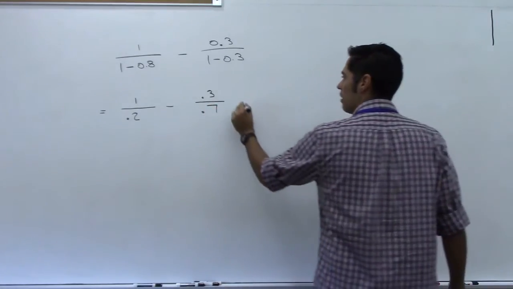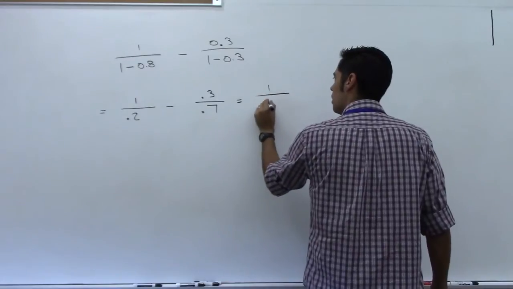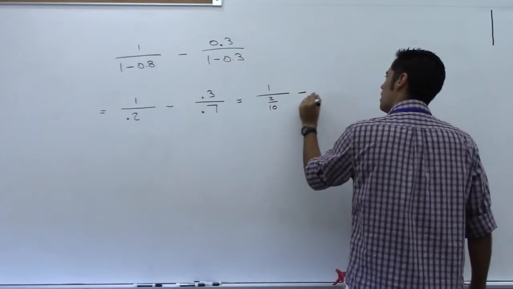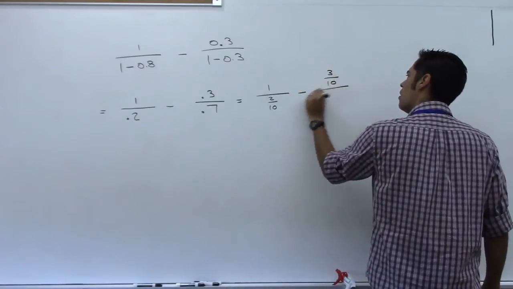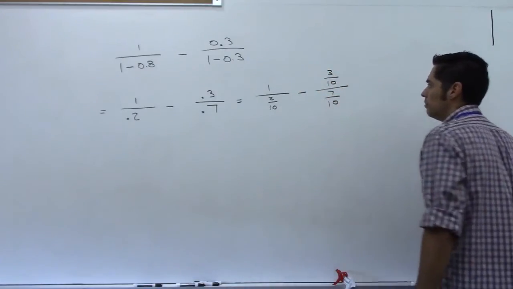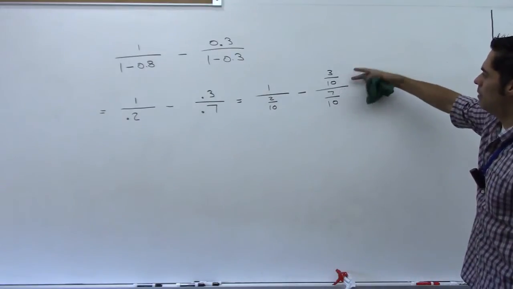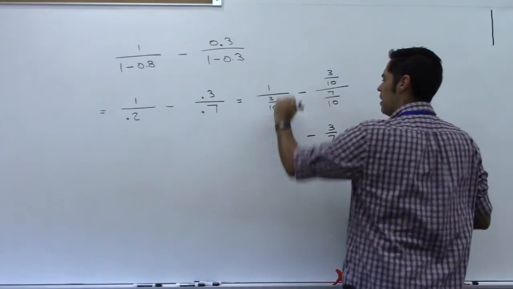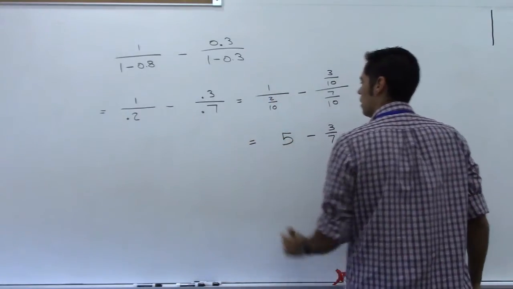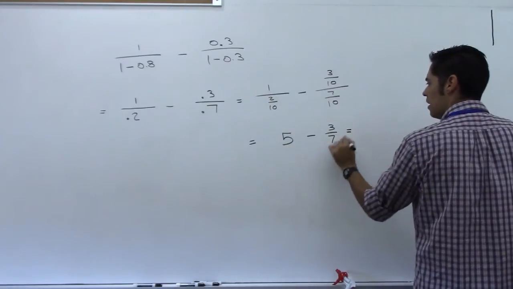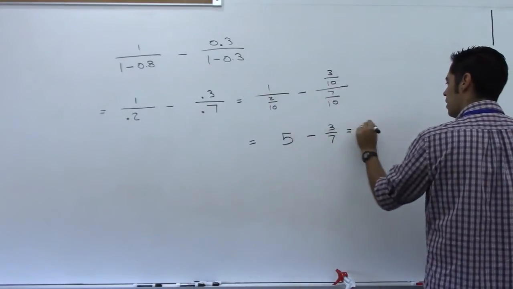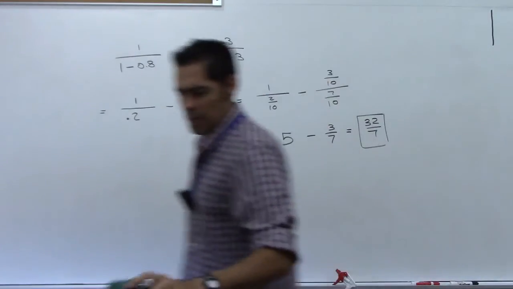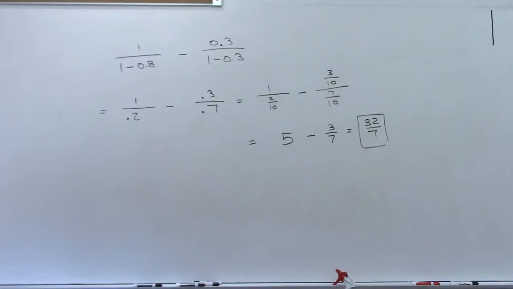And I know you want to get your calculator out right now, but this is 1 over 2/10 minus 3/10 over 7/10. I'll flip this one up like this. This will become 3/7. Over here, I'll flip that up, that's 5. And so we get a common denominator here, 7, 7, get 35 minus 3, 32/7.